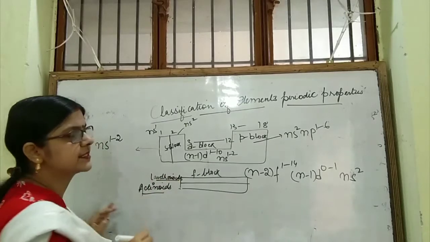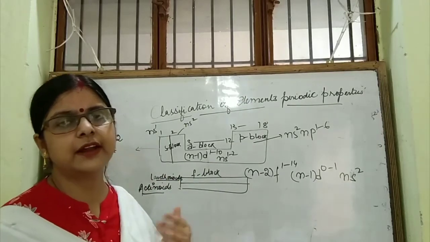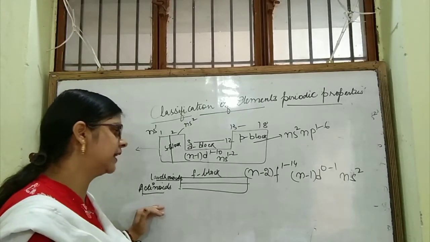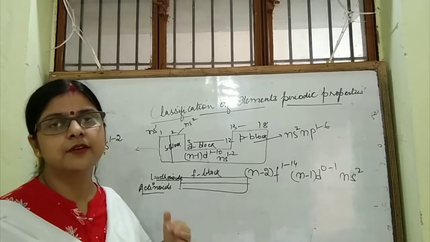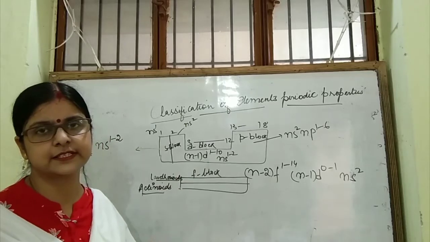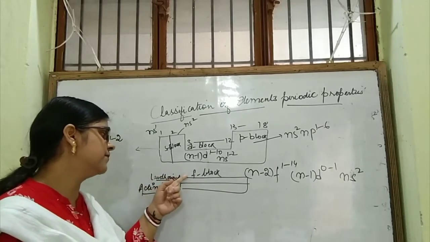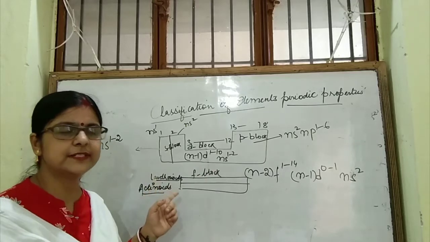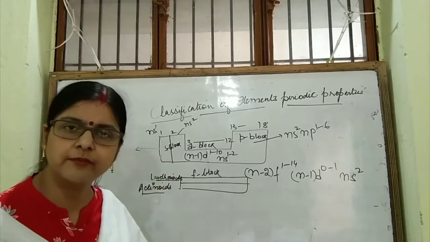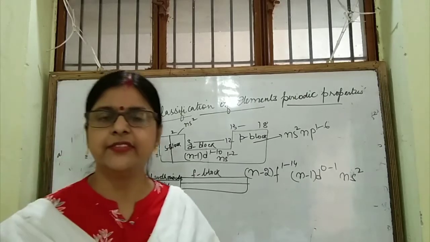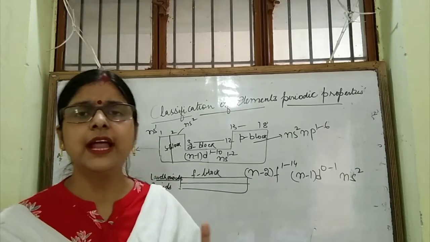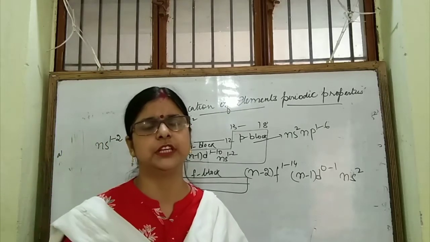In lanthanides, the electrons are gradually filled in the 4f subshell, and in actinides the electrons are gradually filled in the 5f subshell as we move from left to right in the series. After lanthanum, these 14 elements are present, and after actinium these 14 elements are present, so they are named lanthanides and actinides.